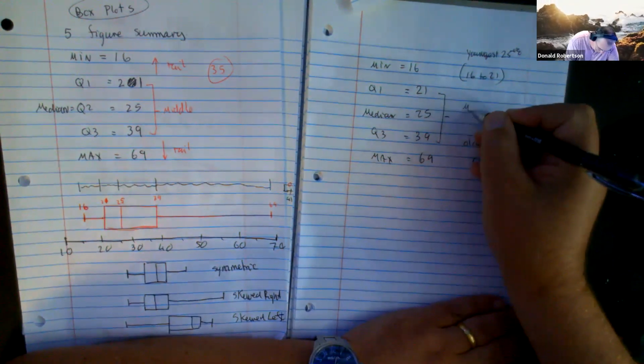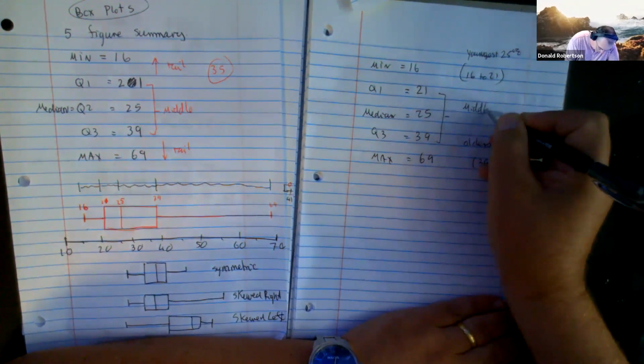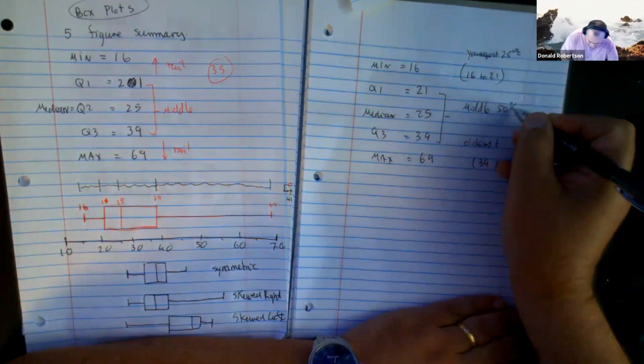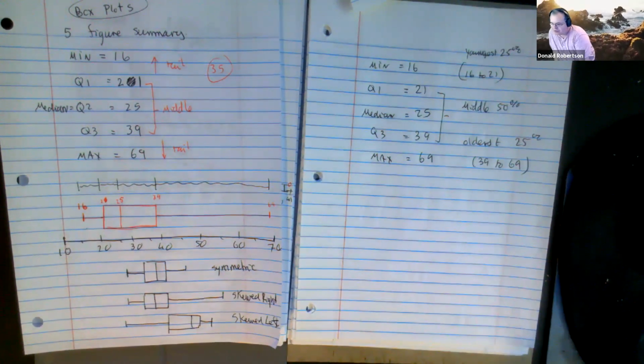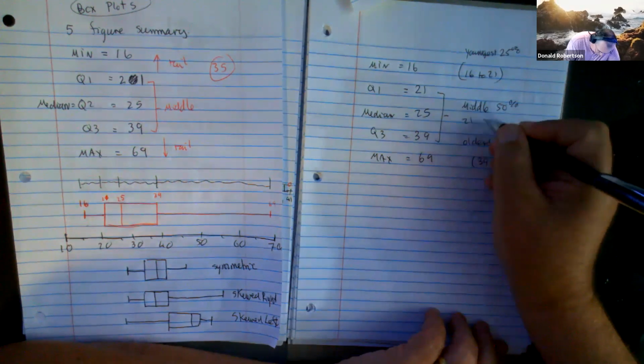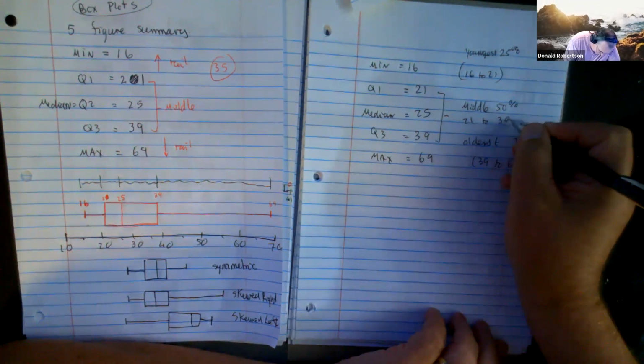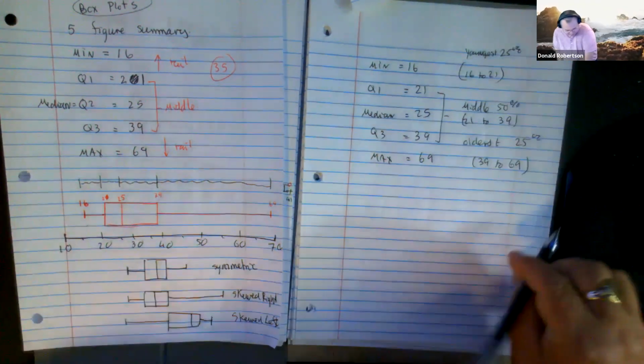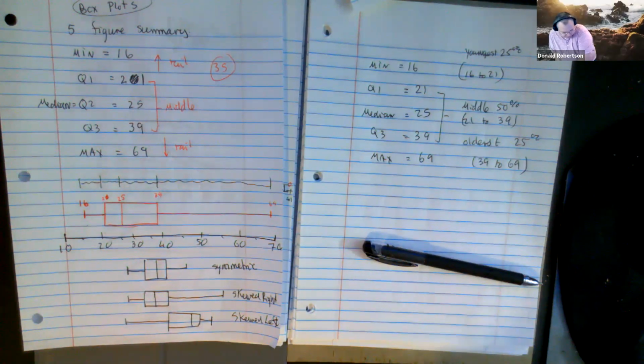So the middle 50%. Now I'm using percentages here, but couldn't they have also used fractions? Like the middle half, the top 1/4, the bottom 1/4. In this case, it would be 21 to 39. And then you can do all sorts of other combinations.